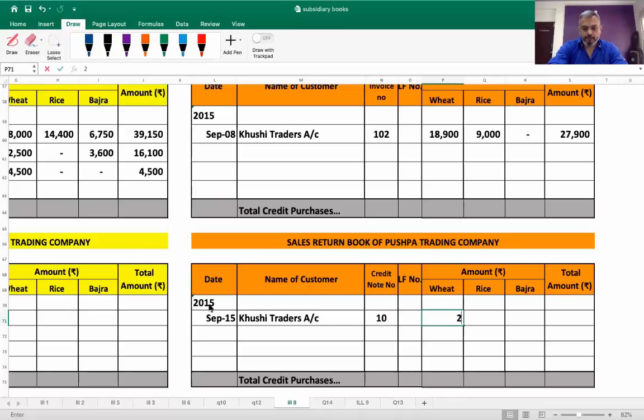Now wheat 2700. The total 2700. No rice, no bajra. Dash dash.